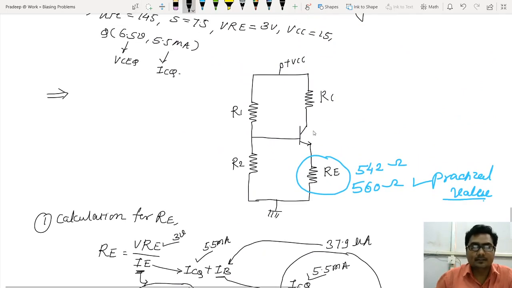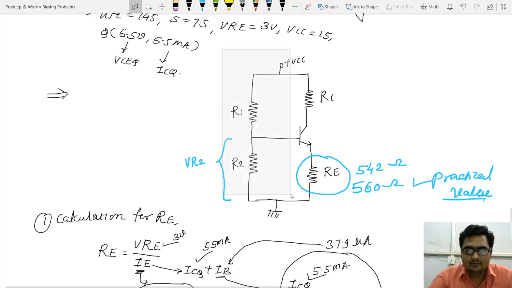In this circuit diagram, let me call the voltage across R2 VR2. Let me copy that circuit diagram.